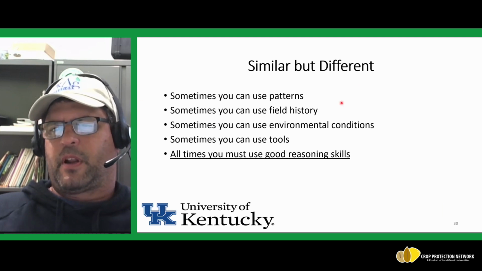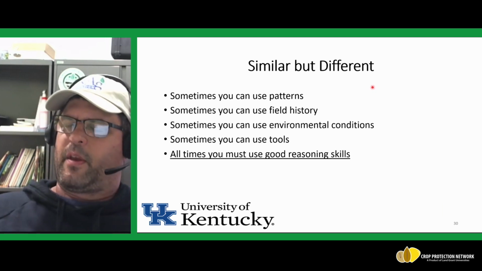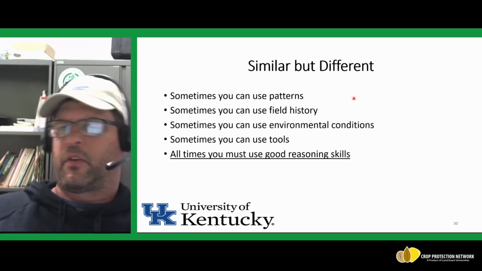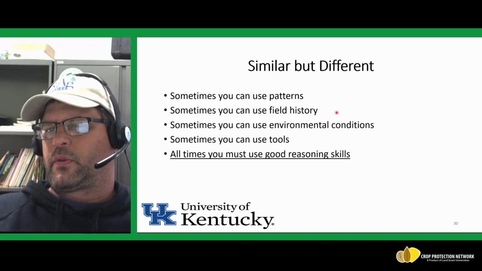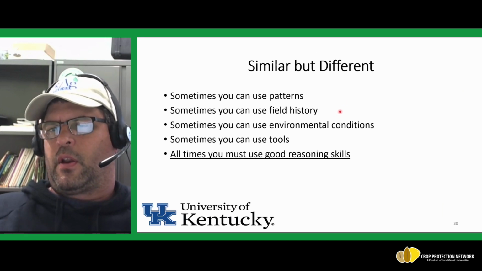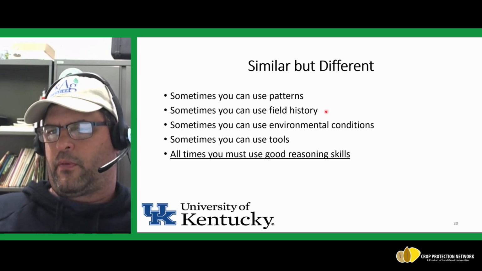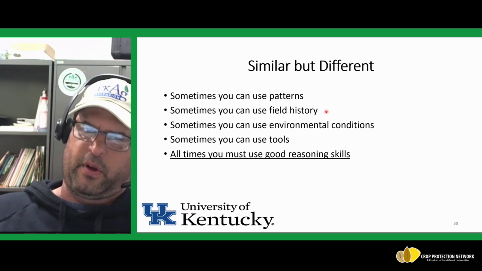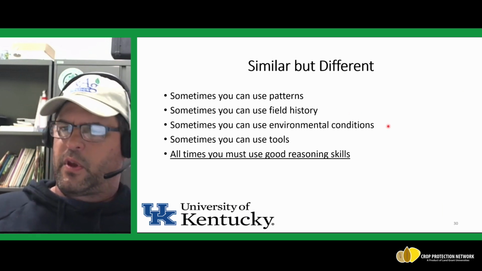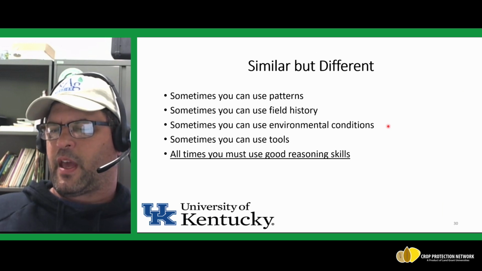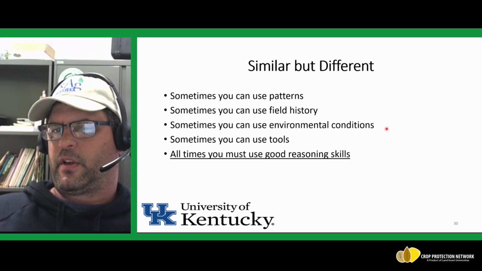And this is something I like to say. Sometimes you can use patterns: what's that pattern showing me? Maybe I had a poor spreader pattern. Sometimes you can use the field history. Well, I know that we used to have dairy cattle here, so this part of the field is really good, whereas the other isn't. Well, environmental conditions. Again, if you can scout your wheat with a kayak, probably there's some sort of environmental condition that's leading to this.